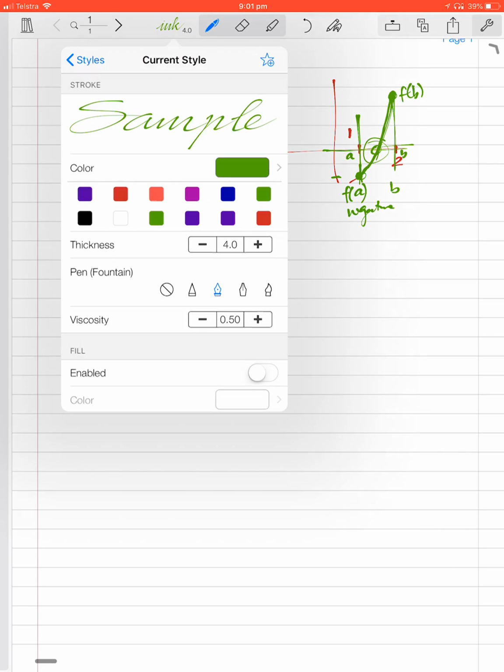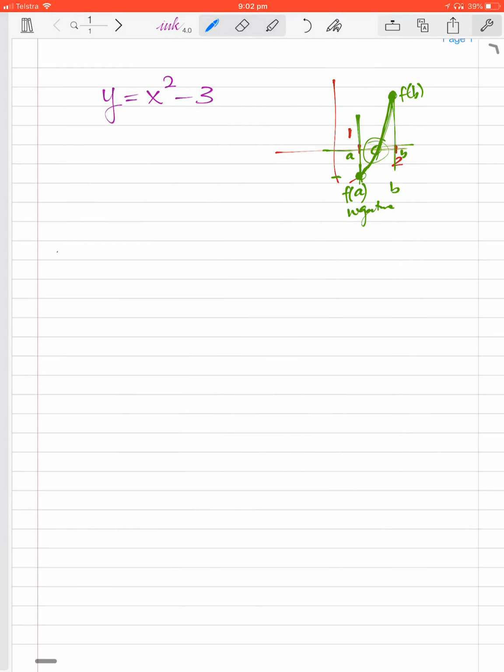So what we do is we create a table, and in that table we have A and B. A to start off with is 1, and B to start off with is 2. Now bisection, as the name suggests, means cut into 2.